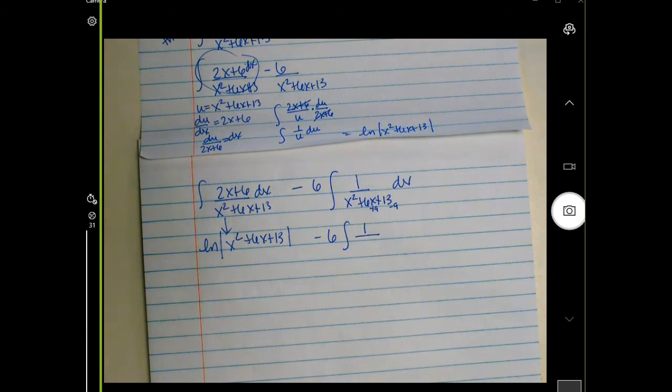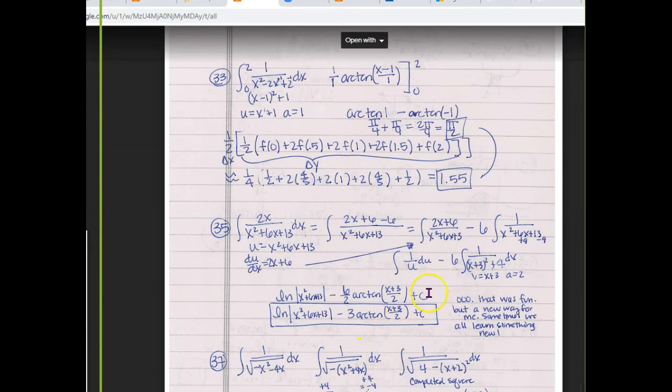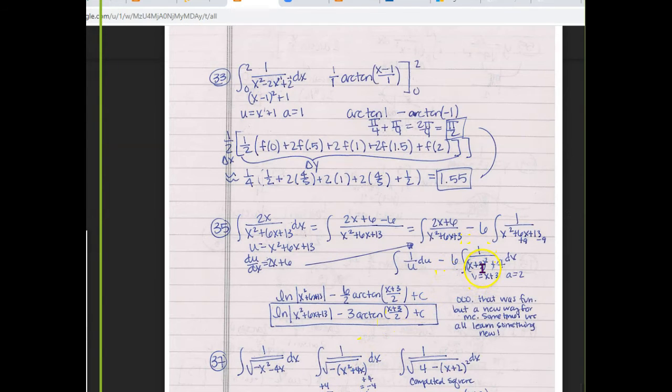And let's look back at my pretty work over here, where we have x squared plus 4, and then you had to substitute in again. So see, I made a new note. This was a new way for me, which is why I had to go back and look at this, because it was hard for me as well. So there are substitution ways to plug back in for arctangent if you know how that simplifies.